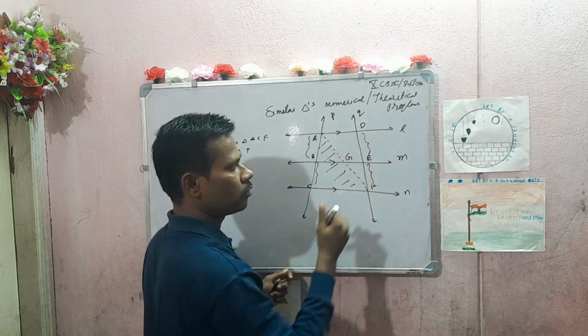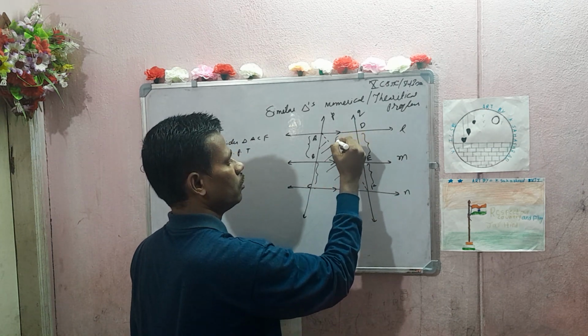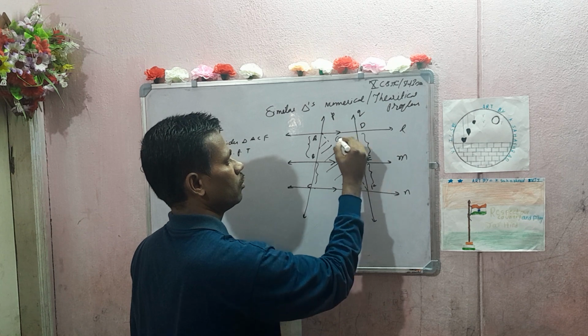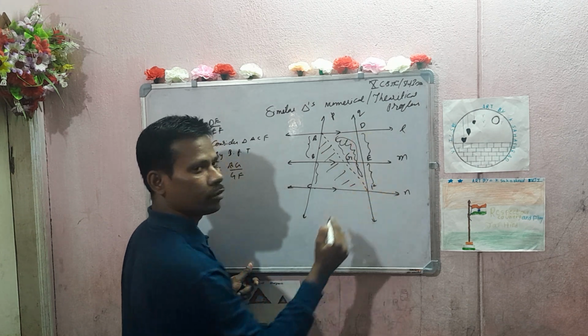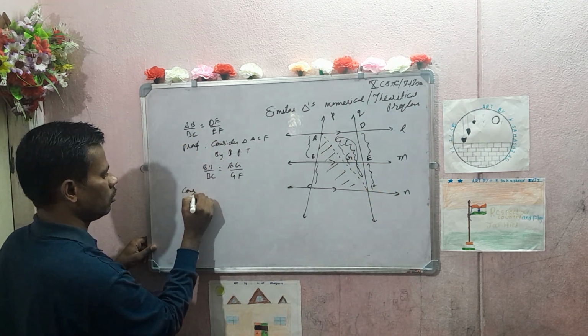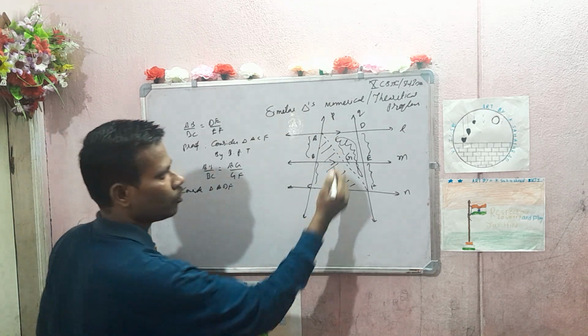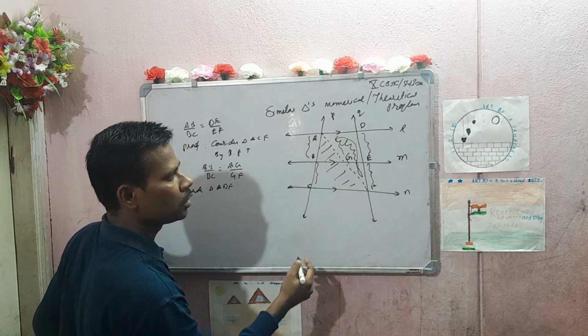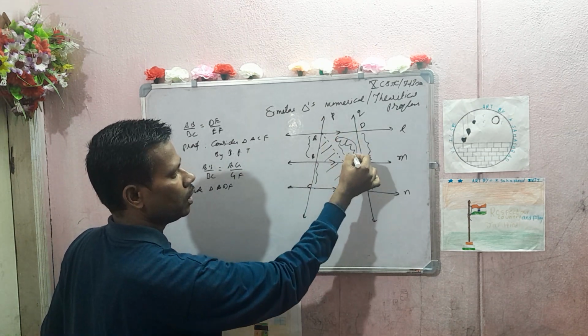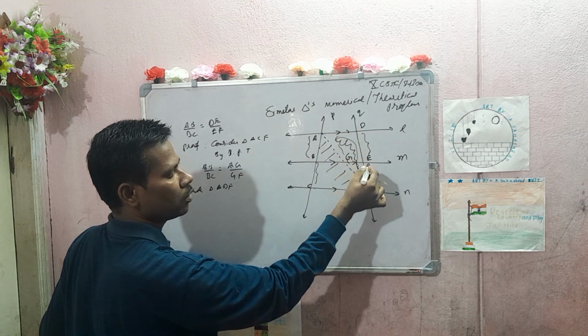Next, consider this triangle, ADF. What do you notice? In this triangle, this line is parallel to this one.